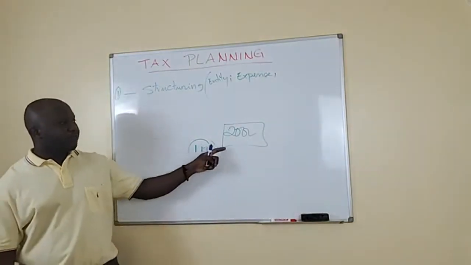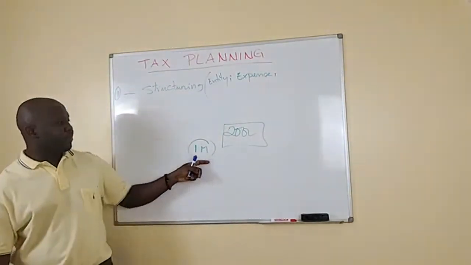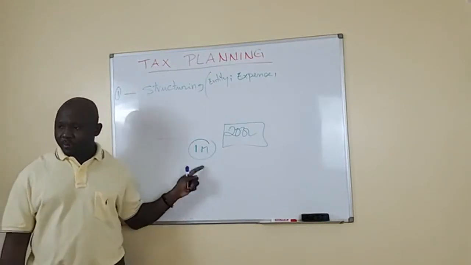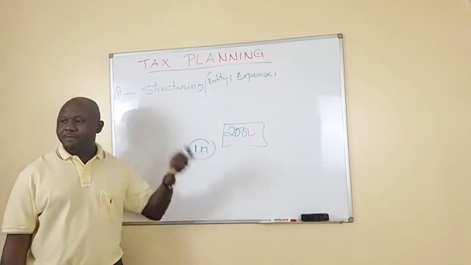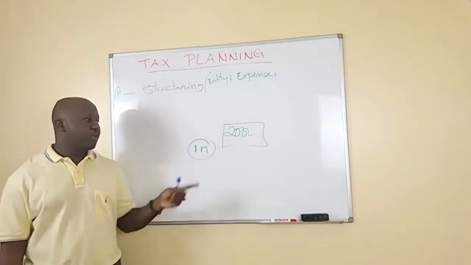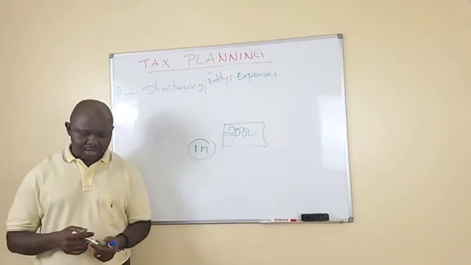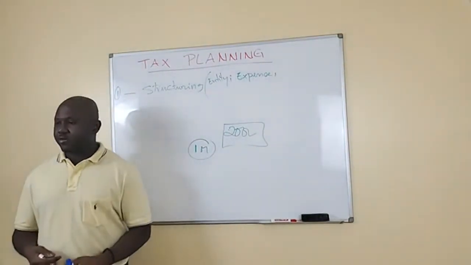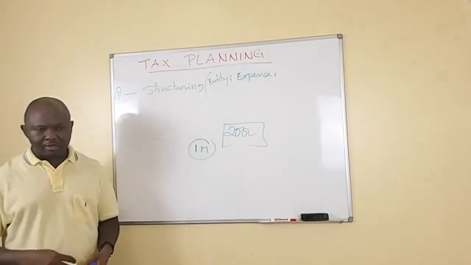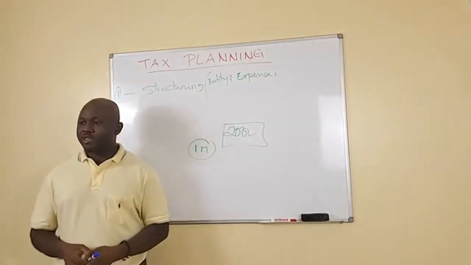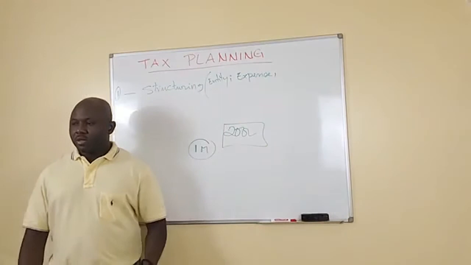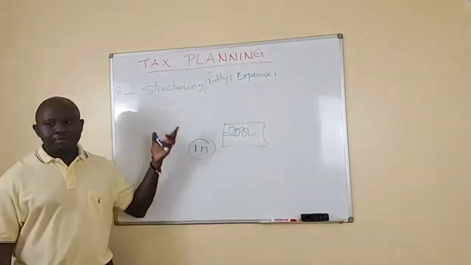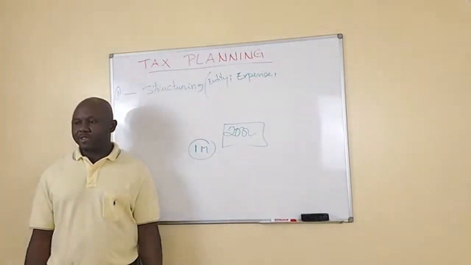A tax professional was able to structure this $1 million expense so that it became a business expense. It was actually a yacht. That person, a real estate professional, purchased a yacht, a boat to go out on the sea and have fun, and put it in the business as an expense.